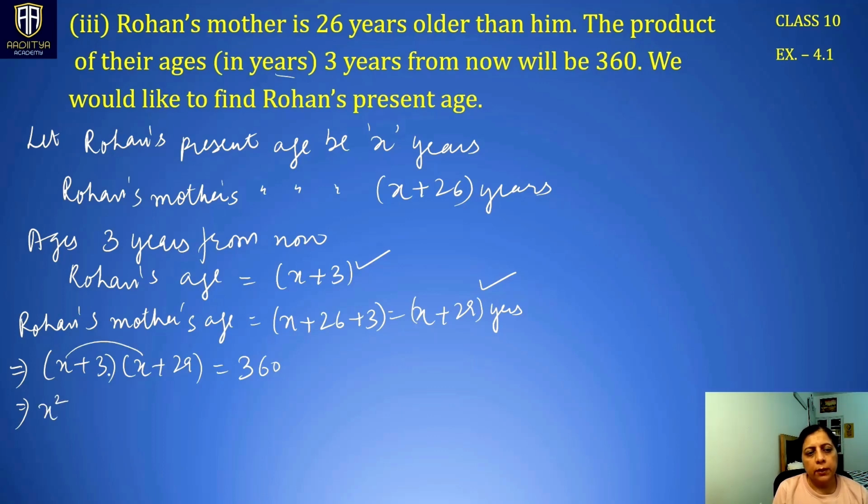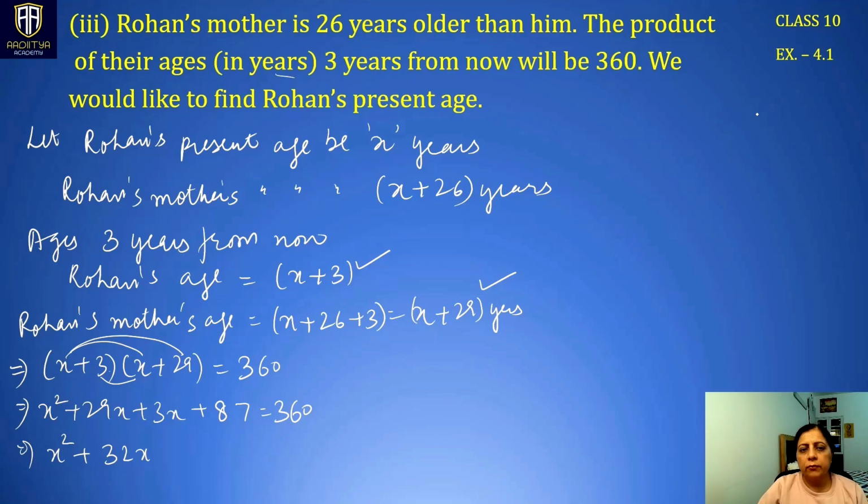We open these two brackets: x square plus 29x plus 3x plus 3 9s are 27 and 87 is equal to 360. So we get x square plus 29 plus 3 is 32x. And then we have to find 360 minus 87. 10 minus 7 is 3. 15 minus 8 is 7.